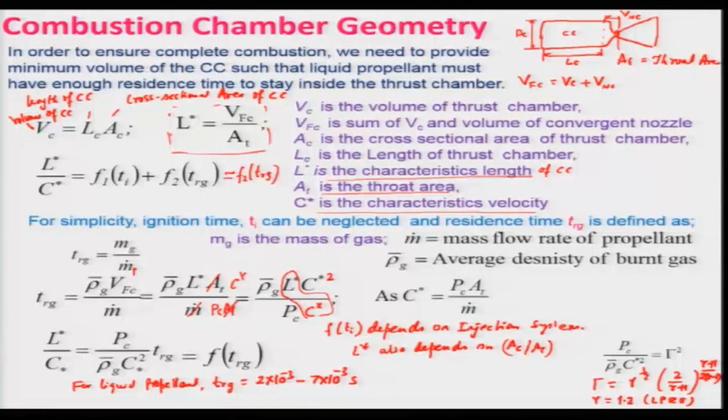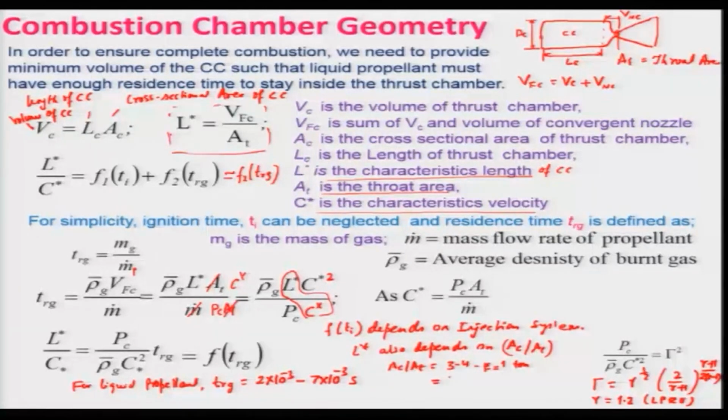For 1 ton rocket engines, AC by AT of around 3 to 4 is generally used, that is when the thrust level is 1 ton.